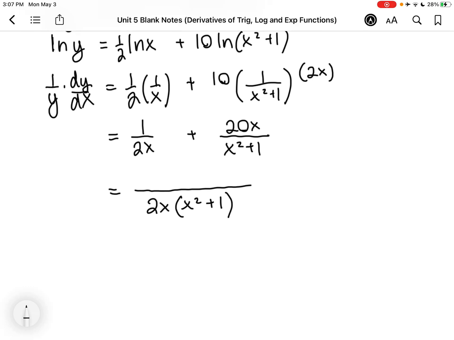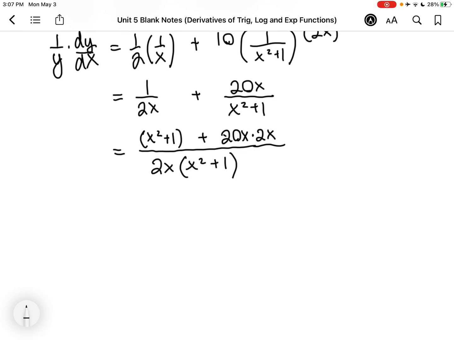And then from the first term, I need to multiply by x squared plus 1 over x squared plus 1. So this is going to be x squared plus 1. And then from the second term, I need to multiply the second rational expression by 2x over 2x. So this is going to be 20x times 2x.